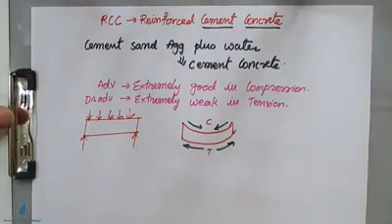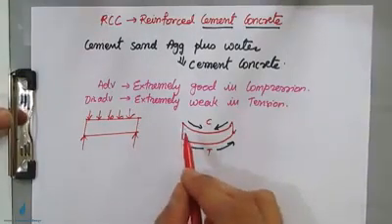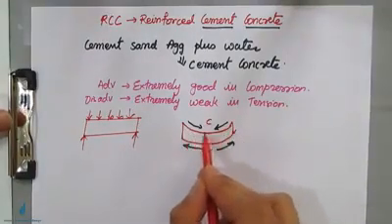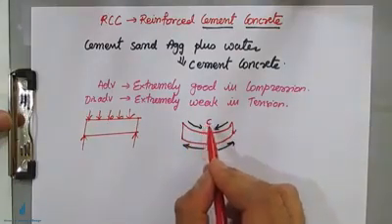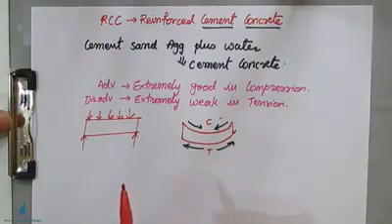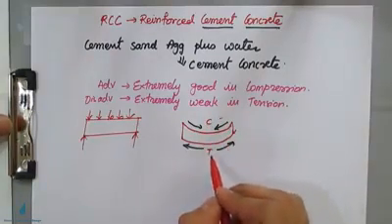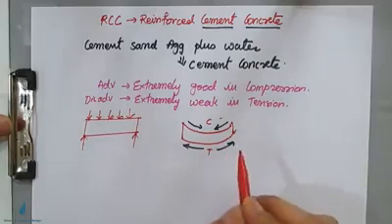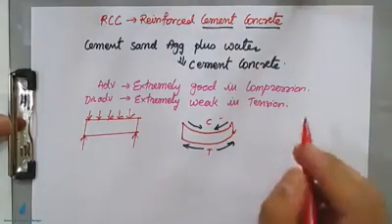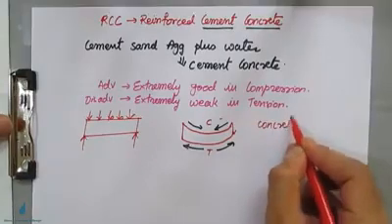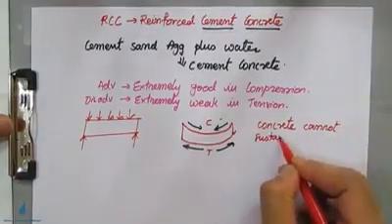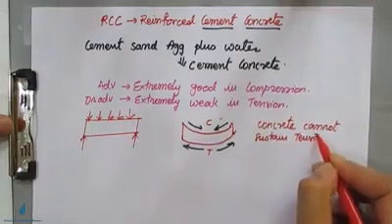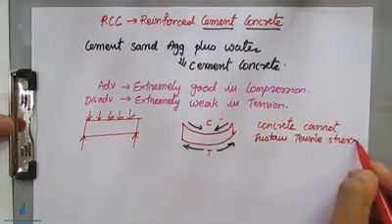Then what happens if you use only plain cement concrete? Whatever stress is coming onto the top fiber, which is in a compressive state, the concrete will take care of that compression zone. But being extremely weak in tension, the concrete cannot sustain tensile stresses alone, right?